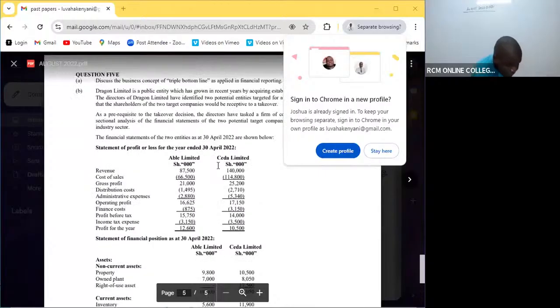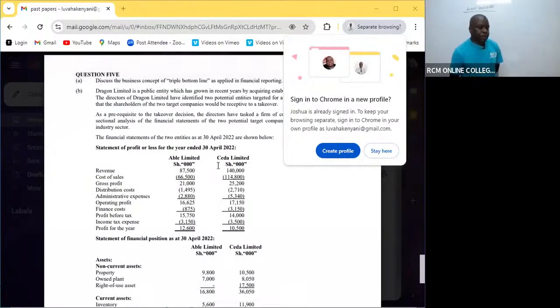It reads, Dragon Limited is a public entity which has grown in recent years by acquiring established business entities. The directors of Dragon Limited have identified two potential entities targeted for a takeover.